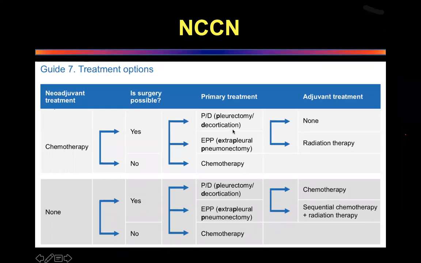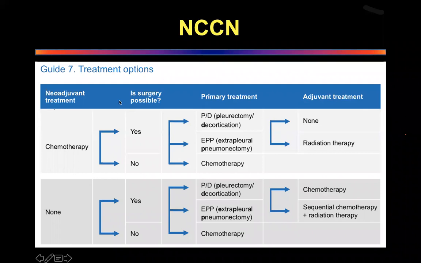Following the surgery, you make an evaluation whether this patient is fit or not fit. Then he will either go for no treatment or he will go for a tri-modality. Most of the times, this tri-modality was followed as a part of clinical trials. So very often these patients were in a clinical trial, and so they went for either tri-modality with radiotherapy or bimodality without radiotherapy. But this is an option available to the patient.